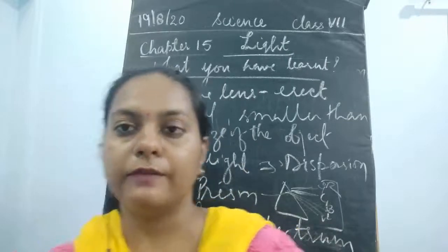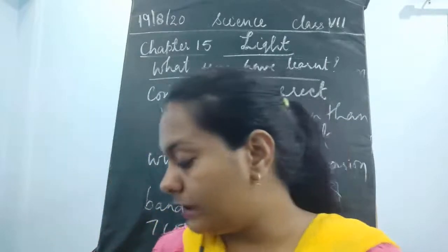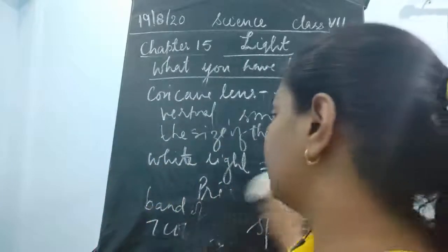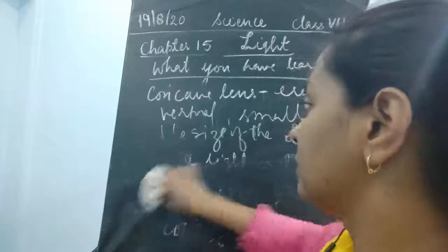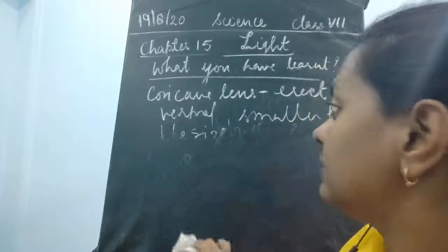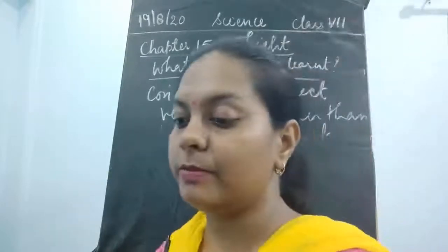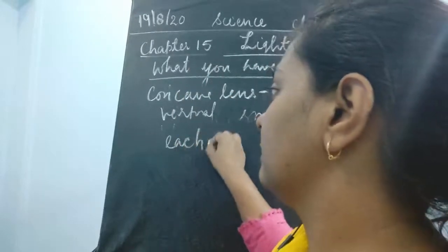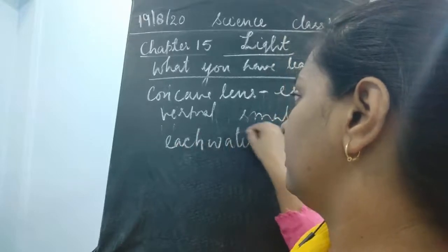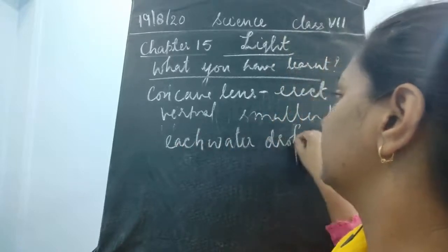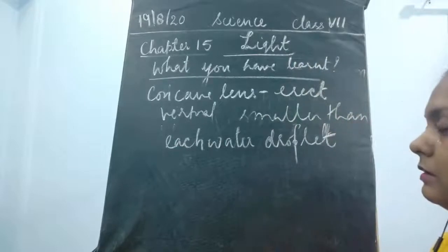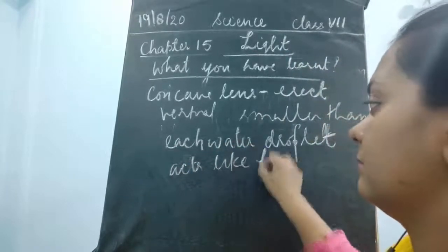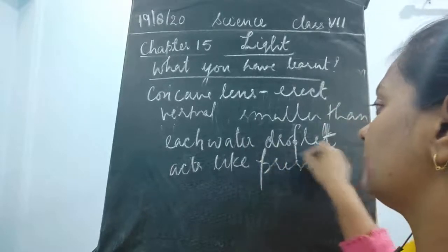Now how is the rainbow formed in the sky? A rainbow is formed just after rainfall, when the sunlight is also present. Each water droplet acts like a prism, where dispersion takes place.